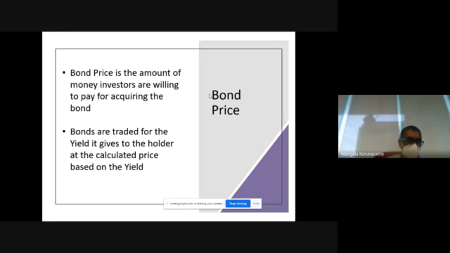So how do I know that I should get 8%, right? As a buyer, I would like to get more, but the seller won't be selling it like that. The seller won't say, okay, I will sell it at 8% yield, so you buy it at 8%. Yield is the negotiation based on the market conditions.